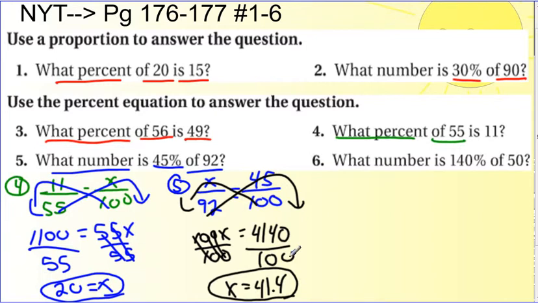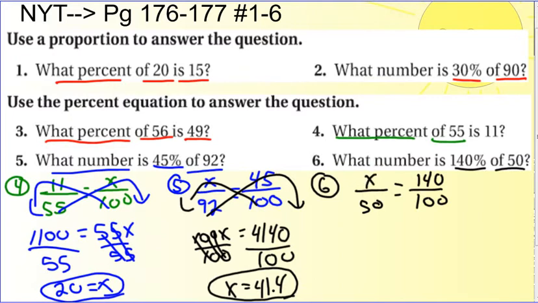But it's always good to double check your answer. Number 6. 140%. Now this is the first time we've had a percent bigger than 100. I don't care. Leave it. It's 140. That's your percent. The of number is 50, and the other number is our variable. Cross multiply. 100x. 50 times 140.